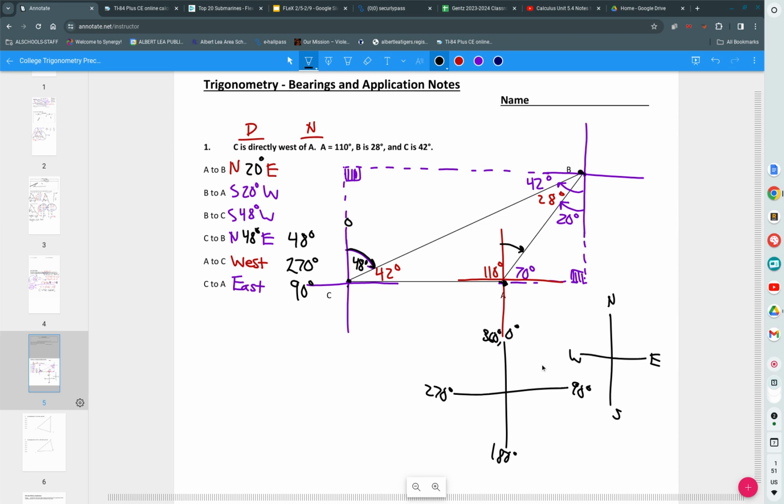Now I'm going to go from B to C. So I'm going to turn 48 degrees past 180. What's 48 degrees past 180? 228.